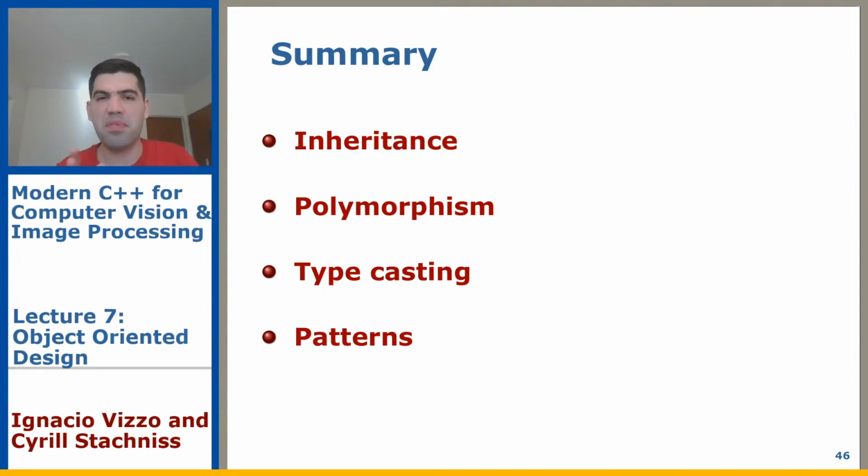Also, we saw briefly typecasting, whenever you need to convert from one type to another, and we saw 3 patterns. The singleton pattern is something you need to use for homework number 7. The strategy pattern will most likely be used on homework 8, and the CRTP might be used or not.